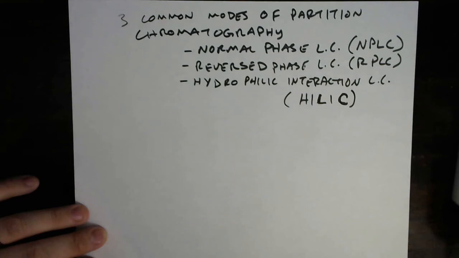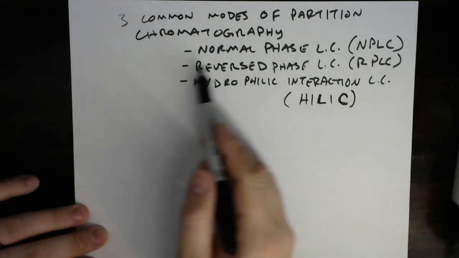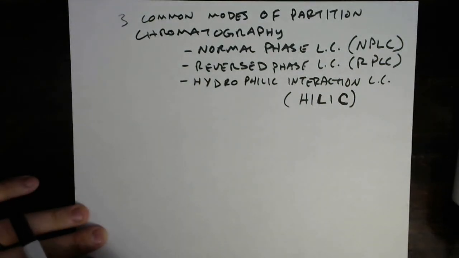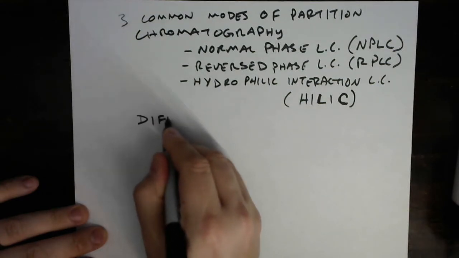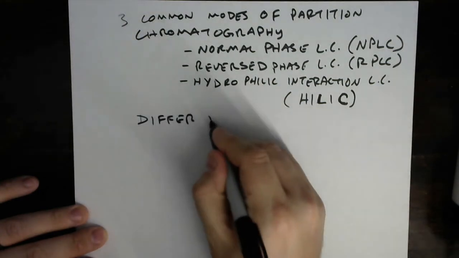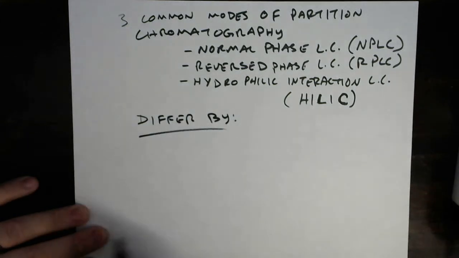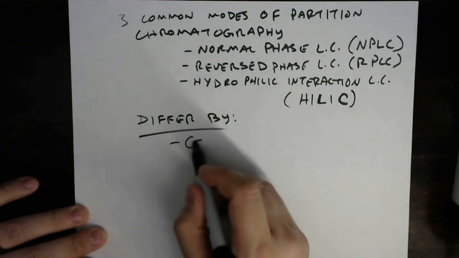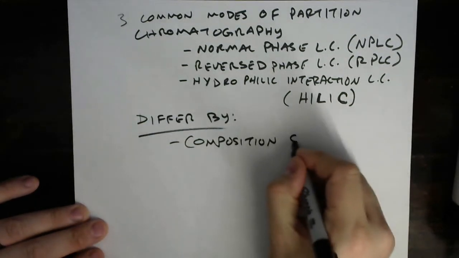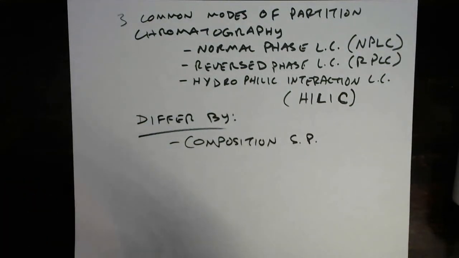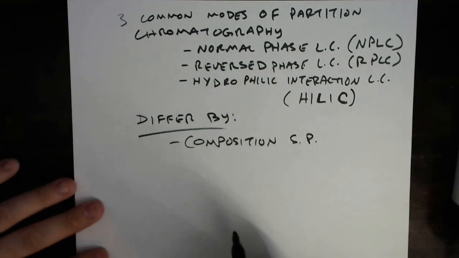There we go. So these all rely on that bonded phase, stationary phase concept. The way that they differ is by the composition of the stationary phase. In other words, what are those R groups that we're clicking onto the surface of the stationary phase particles?